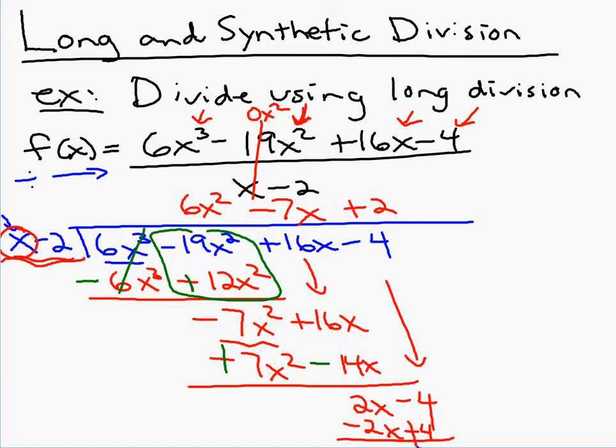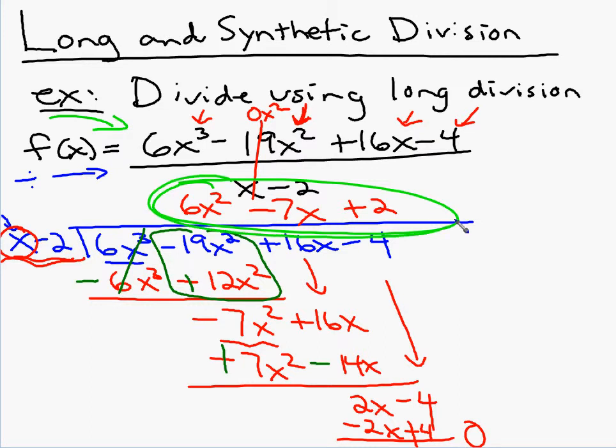This one comes out with a remainder of 0. So this one divides evenly. And my answer is this thing up here. So what we've said is that this ugly thing that we started out with can be simplified to this, which is very convenient.